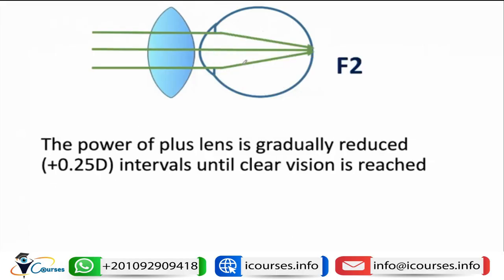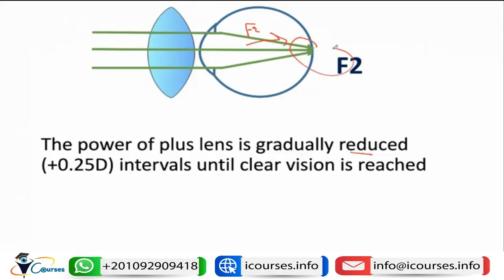Then the power of the plus lens is gradually reduced. So if we are using, for example, +5, then it will be +4.75, then +4.5, then +4.25. We gradually decrease the plus lens until the F2 of the patient gradually moves toward his retina.